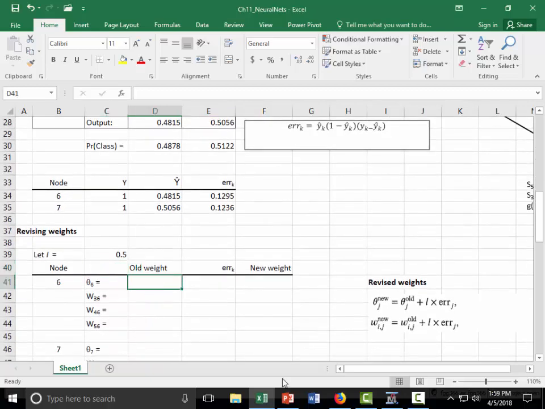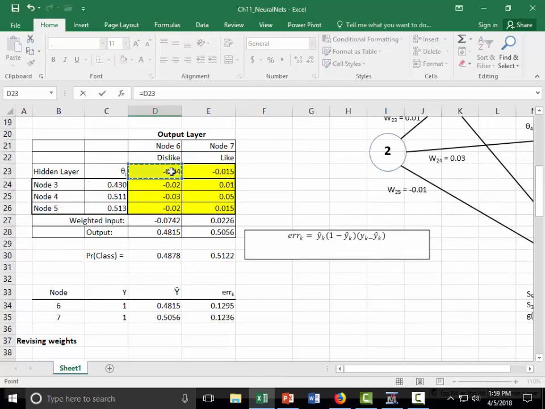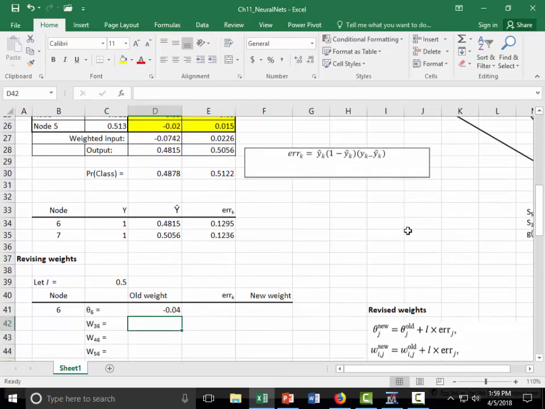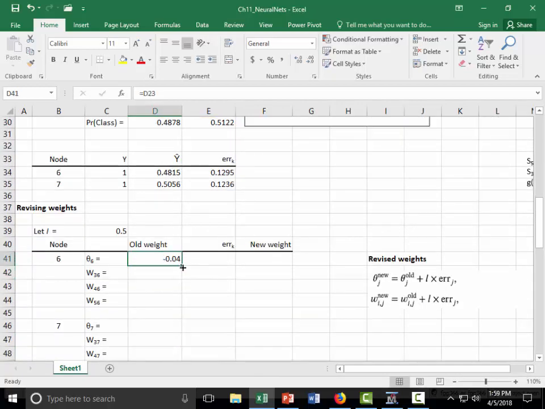All right, so now we have the old weights for node 6, so which are these. Okay. Now error for node 6 is that. Okay, so that's the error for node 6.